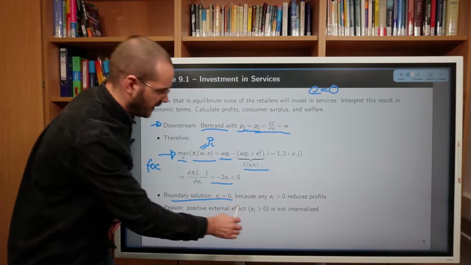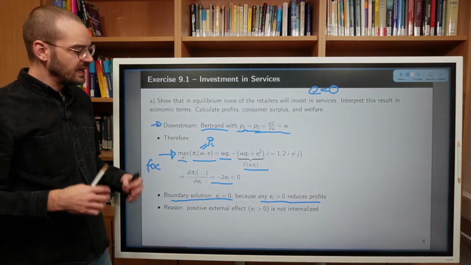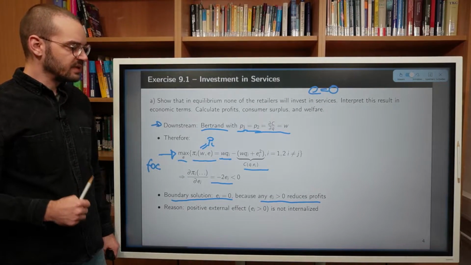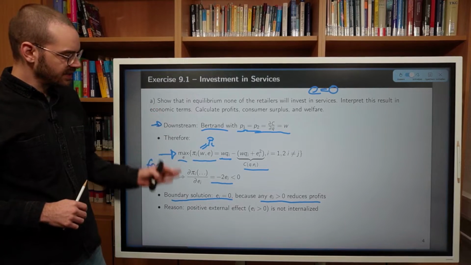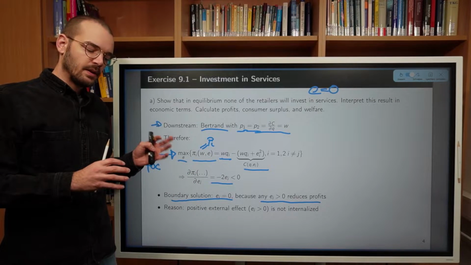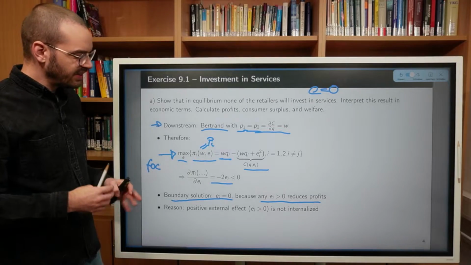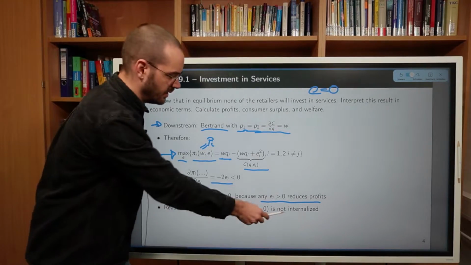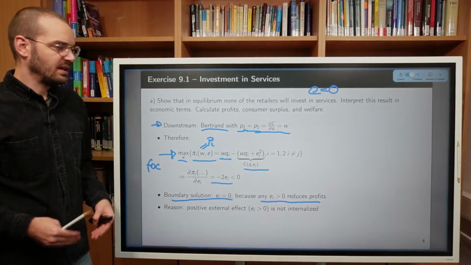Yeah, and the argument is repeated down here because any EI larger than 0 would result in a reduction of profits. And the economic reasoning behind this result is that the positive external effect is not internalized. Now, what do we mean with a positive external effect?